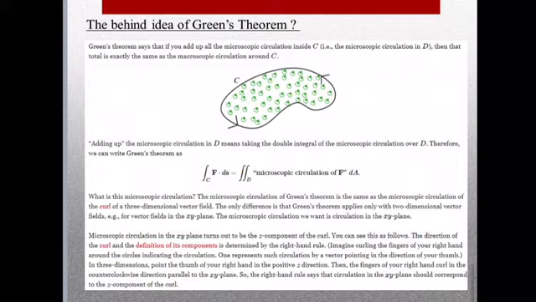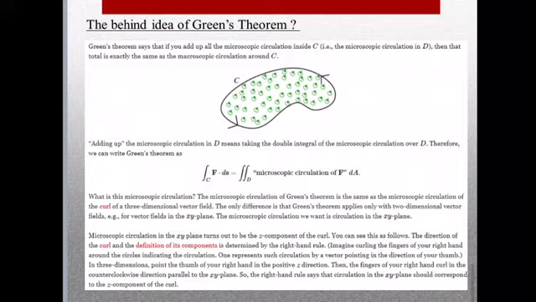The only difference is that Green's theorem applies only to a two-dimensional vector field, for example, the vector field in the xy plane. The microscopic circulation that we want is the circulation in the xy plane.